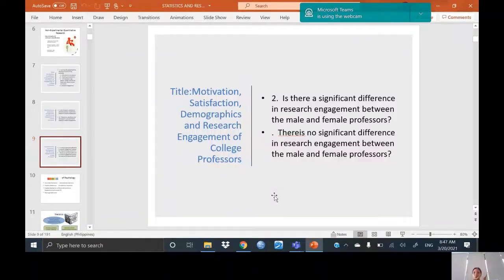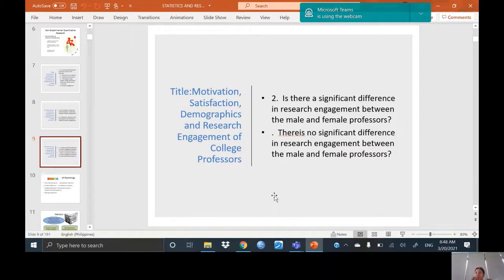The way your statement of the problem is crafted or structured should be appropriate, in such a way that from the statement of the problem alone, the reader would already know the corresponding process that would be performed in order to answer that problem.